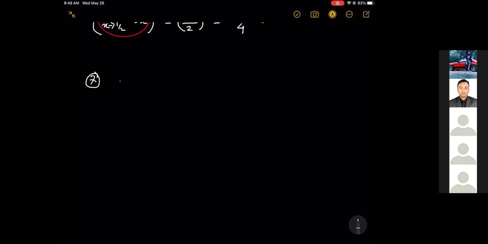Let me write it for you. So limit as x tends to a of the nth root of f of x. It's saying that if you find the nth root of it and then find the limit, it's actually the same as if you find the limit of the function and then find the nth root of it.